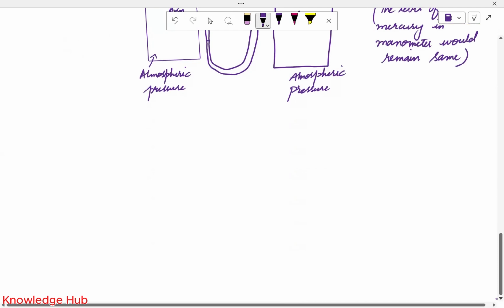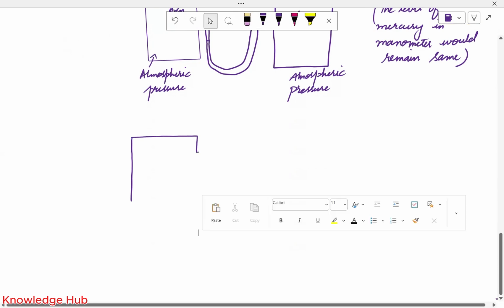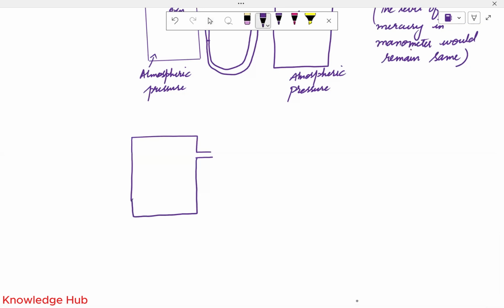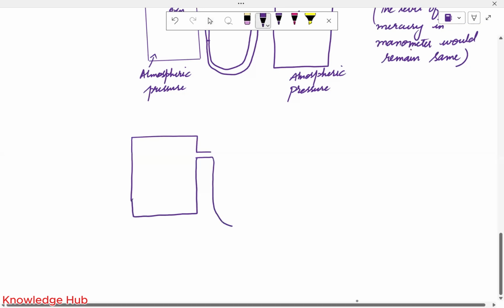Now, in the second condition, there is a gas on the left hand side of a container which is having higher pressure. It is connected with a U-shaped manometer once again, like this.